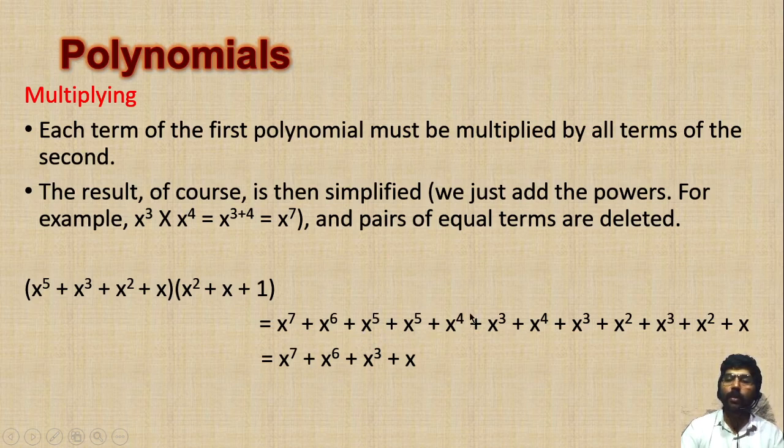Now x raised to 4 and x raised to 4, you have to delete these. Wherever you have two same terms, I have to delete those two terms. Then I got the result: x raised to 7 plus x raised to 6 plus x raised to 3 and 4. This is the multiplying of polynomials. This is a very easy process.